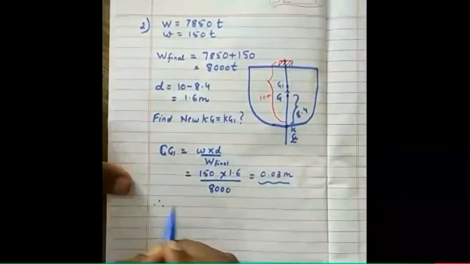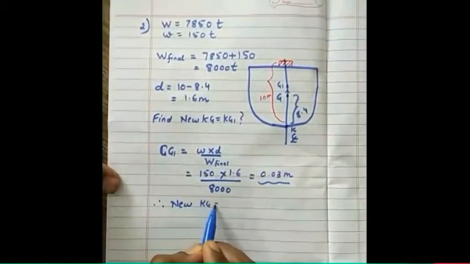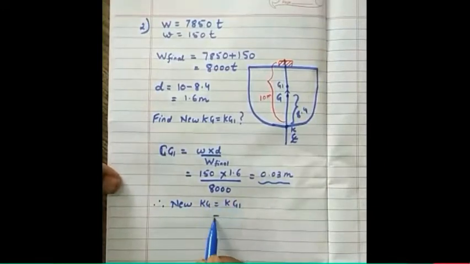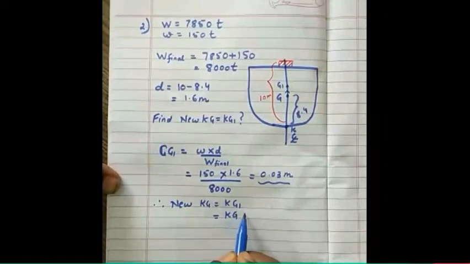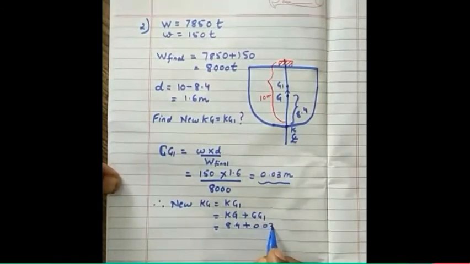Therefore, new KG, KG1, is equal to KG plus GG1. Why plus? Because it is moving on the top side. What is the initial KG of the ship was given? 8.4. And what is GG1 you got? 0.03. So it comes to 8.43 meters.